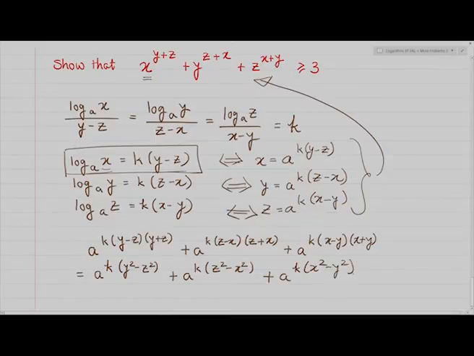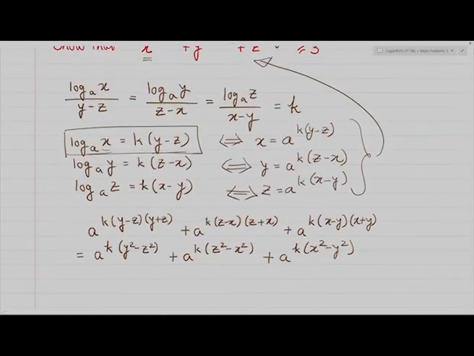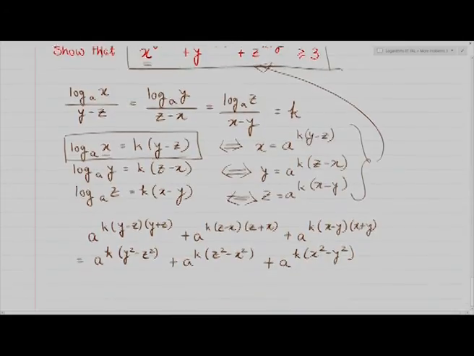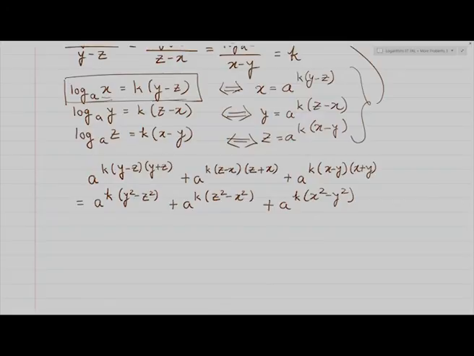Okay. So now after this we cannot use log in a straightforward manner, so we have to do some trick. If I look at this term, then it is greater than or equal to 3. That means on average every term is greater than or equal to 1. So what I can do is divide by 3.